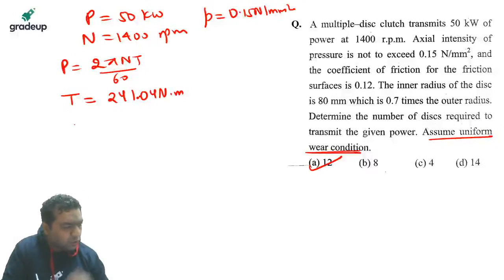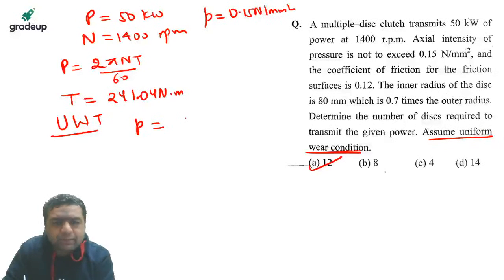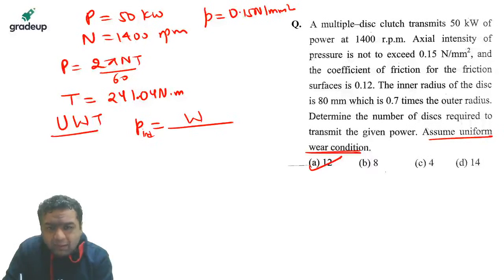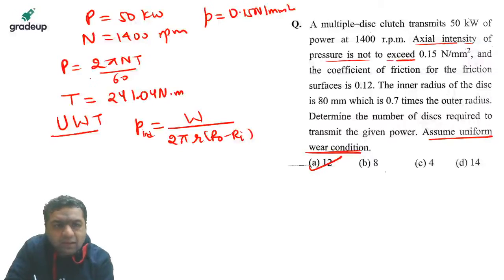And once you get the torque value, you know that you need to apply UWT. What is UWT? You know the pressure induced is W by 2 pi R naught minus Ri. It is already given that axial intensity of pressure is not to exceed, meaning this pressure is the maximum pressure. For maximum pressure, R should be minimum, Ri.